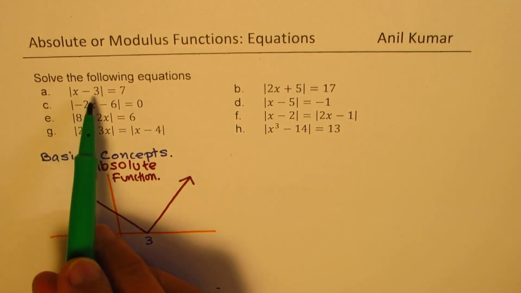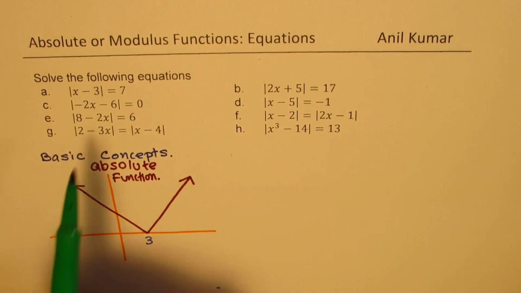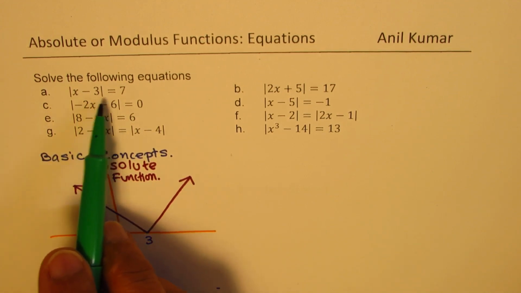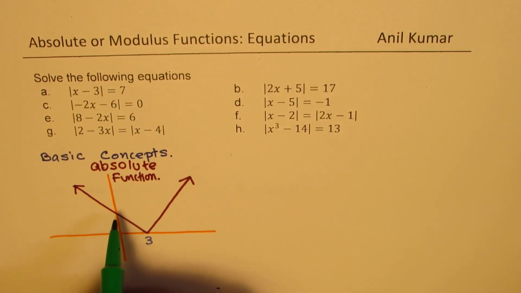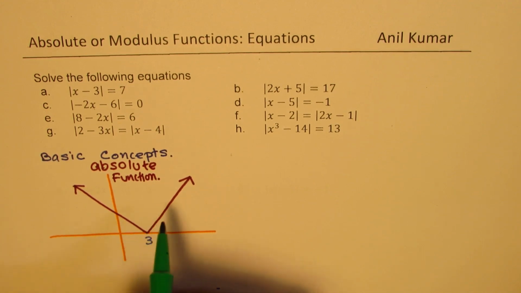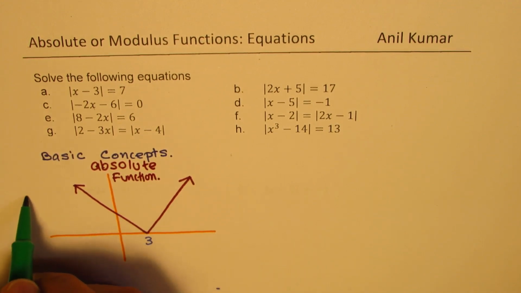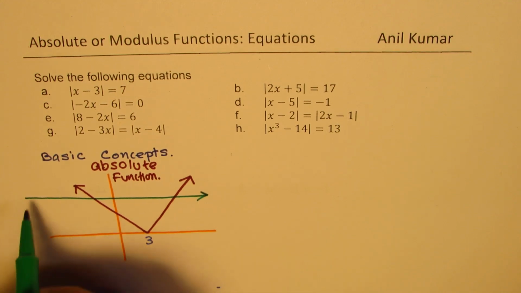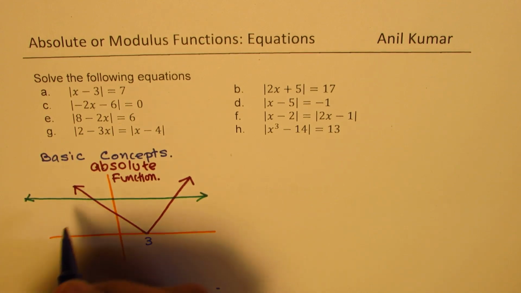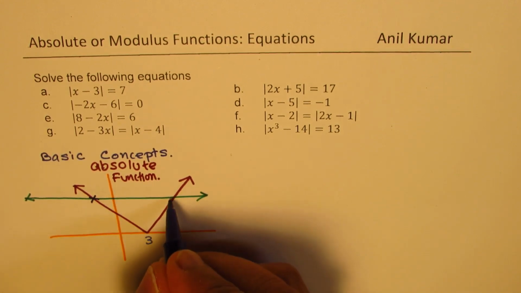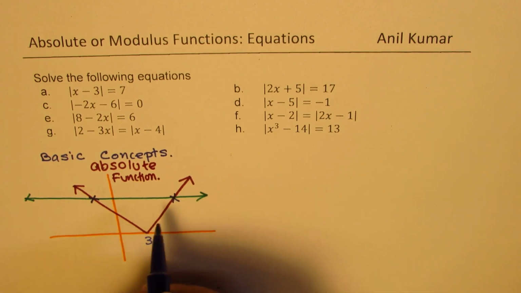Now, if I say x minus 3 absolute graph is this, and we are trying to figure out is equal to 7 means what? Y equals to 7 is a horizontal line, correct? So this horizontal line will be something like this. Now, as you can see, that horizontal line intersects at 2 points. So we have 2 solutions, right?